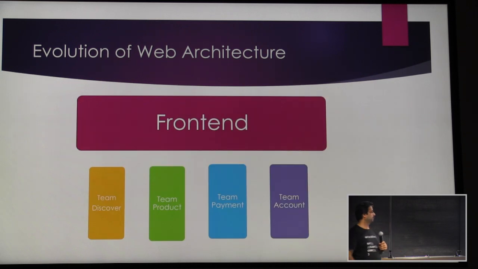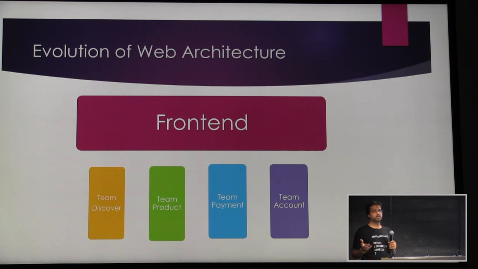But then something happened. Microservices. I think this is probably the buzzword that everybody talks about. So basically what microservices architecture essentially means is that you divide your backend further around business capabilities or business use cases.